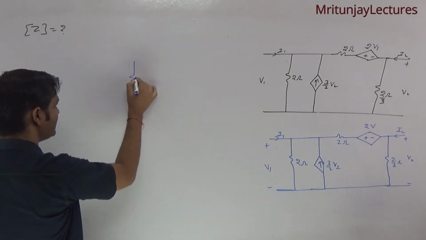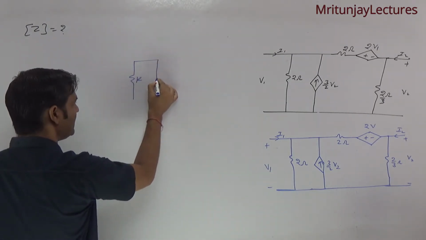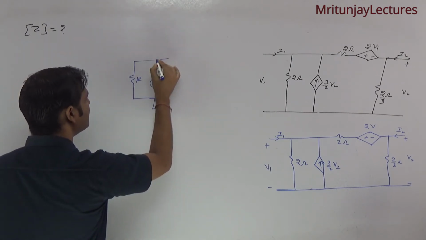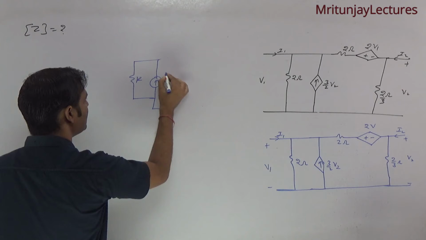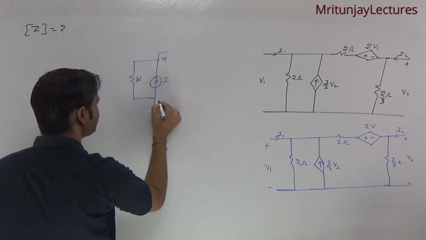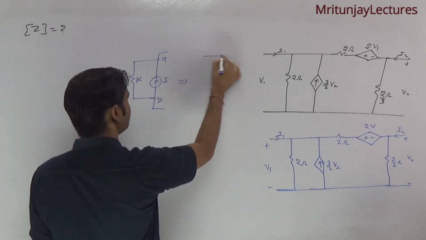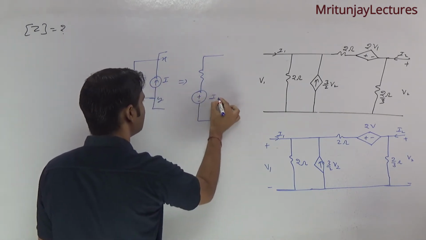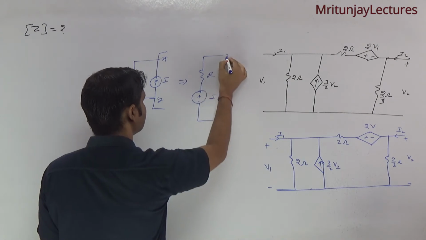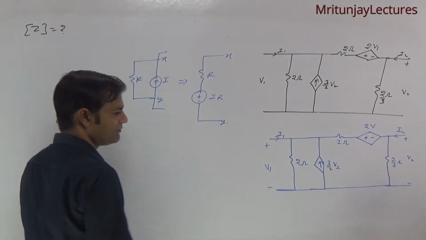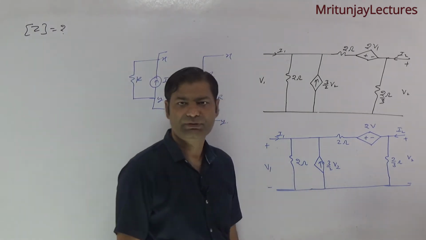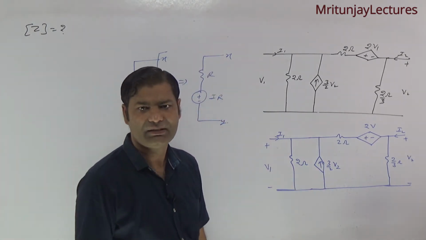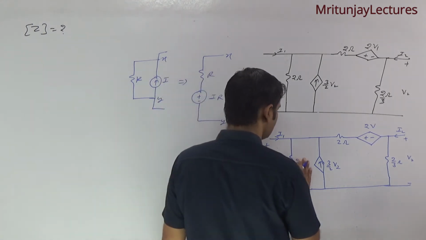I know that if this resistance R and current source I are represented like this, with terminals X and Y, then it is converted to a voltage source of plus minus IR in series with R. If this one is converted into a voltage source, 3 by 2 into 2 is 3 V2.